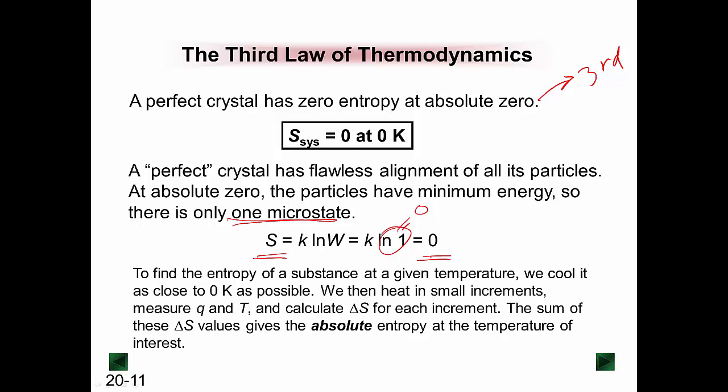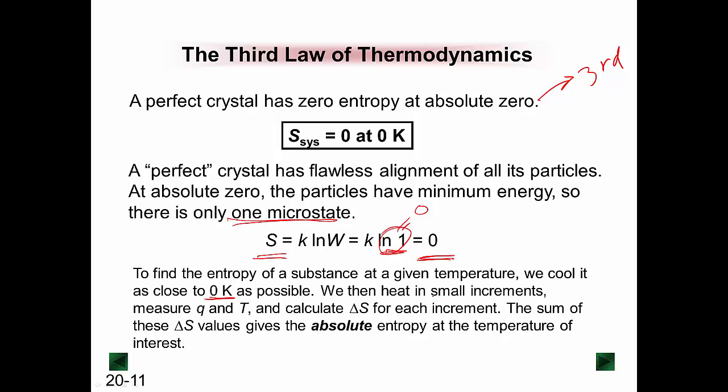So to find the entropy of a substance at a given temperature, we're basically going to cool it as close to 0 K as we can, and then we heat it in small increments. Because at 0 K, we have a really low number of microstates, and our entropy would be as close to 0 as you can get.